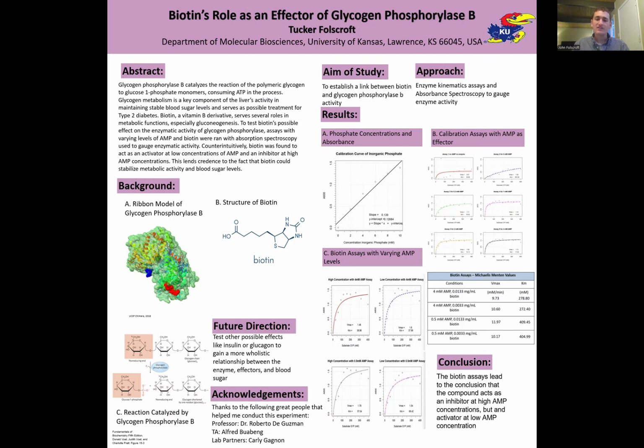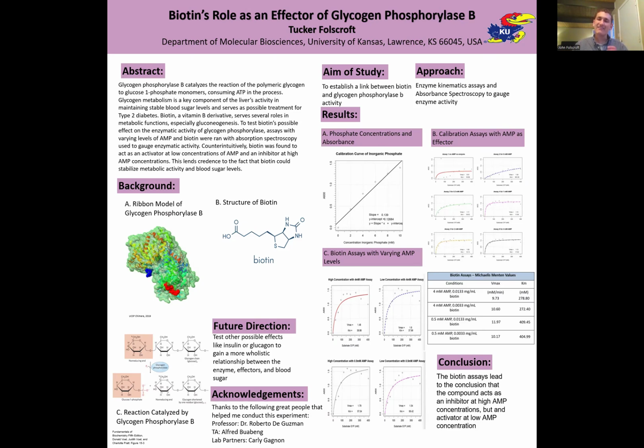In looking at our graphs in our summary table in figure C and the biotin assays table respectively, we saw that ultimately biotin was an inhibitor of glycogen phosphorylase B at high concentrations of AMP, and actually almost counterintuitively led to increased levels of glycogen phosphorylase B activity when there were low levels of AMP present.